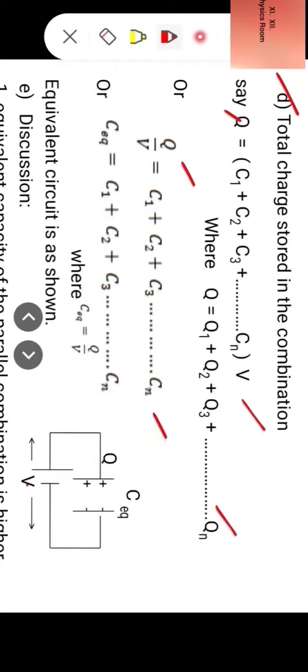Or C equivalent is equal to C1 plus C2 plus C3 plus so on Cn, where C equivalent is equal to Q by V, and CEQ in the diagram is the equivalent capacity, Q is the total charge stored in this equivalent capacity, and V is the potential difference.